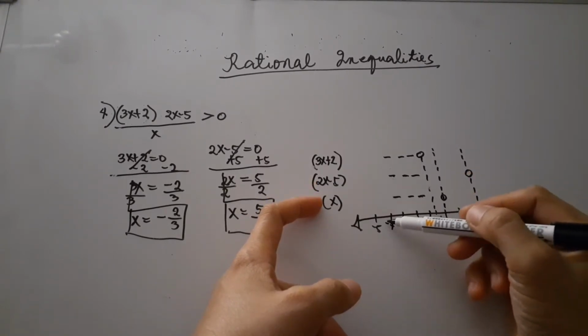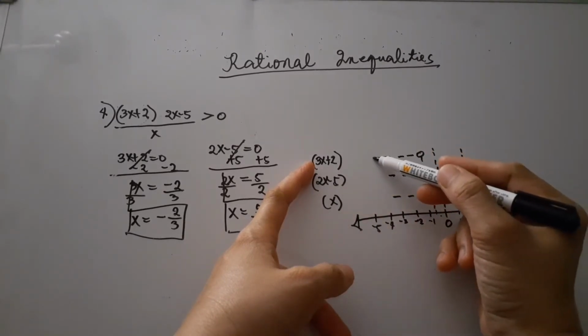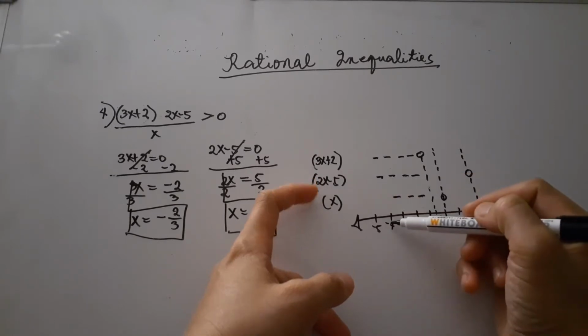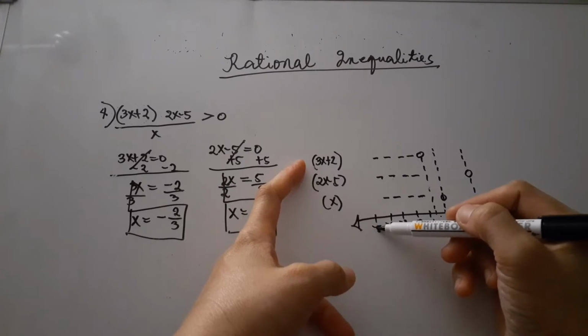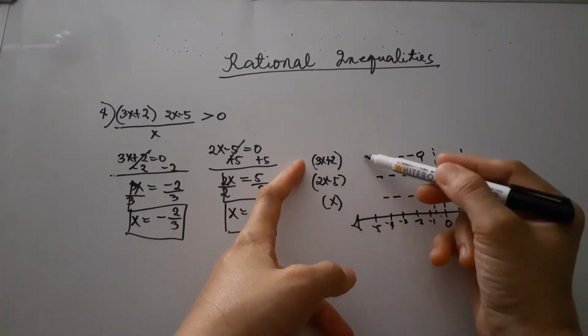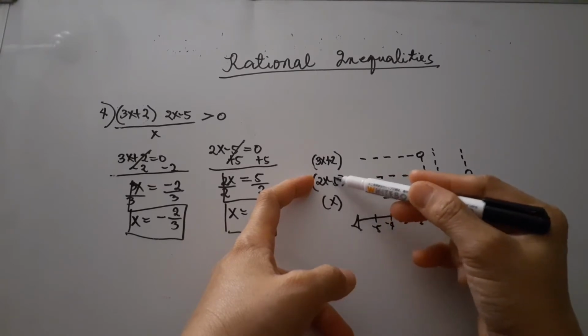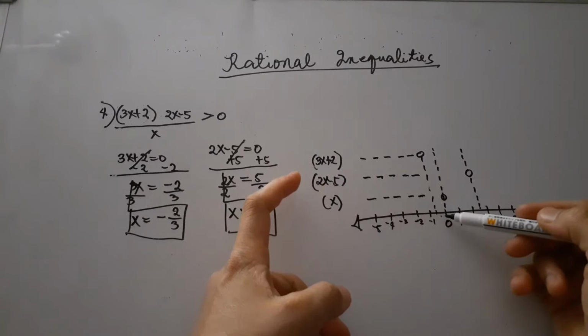Negative 3 and negative 4 times 3, negative 12 plus 2, which is negative. This one also is negative. And then 3x positive 2, it is negative. And this one also is negative and negative.